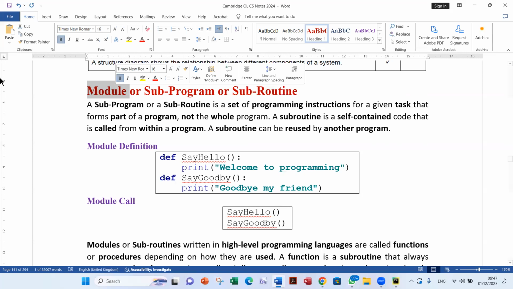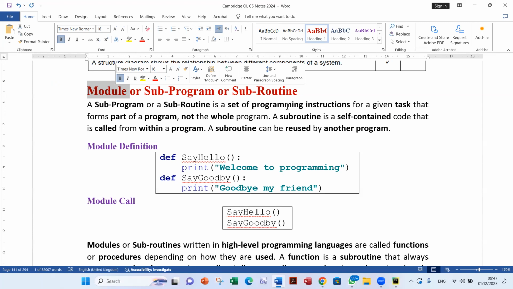Okay? A subprogram or a subroutine is a set of programming instructions. Any program is a set of programming instructions for a given task that performs part of a program. So a subprogram or a subroutine is part of a program, not the whole. Otherwise, it wouldn't be called sub. Okay? No, not the whole program. A subroutine is self-contained code.